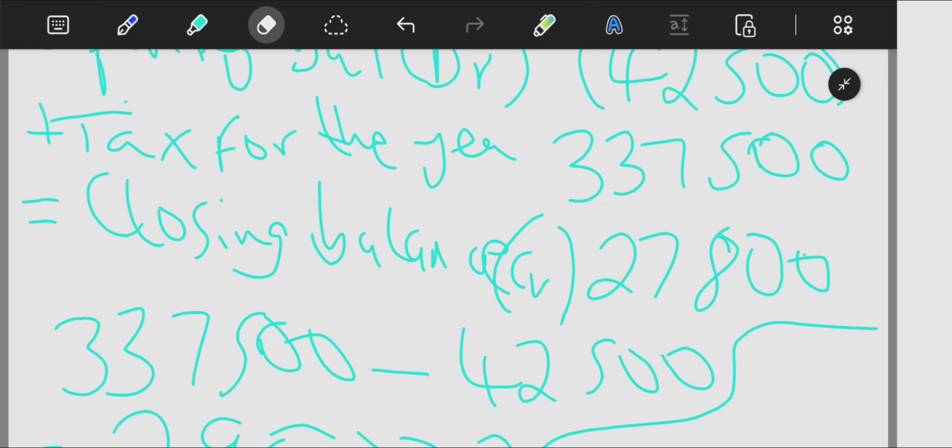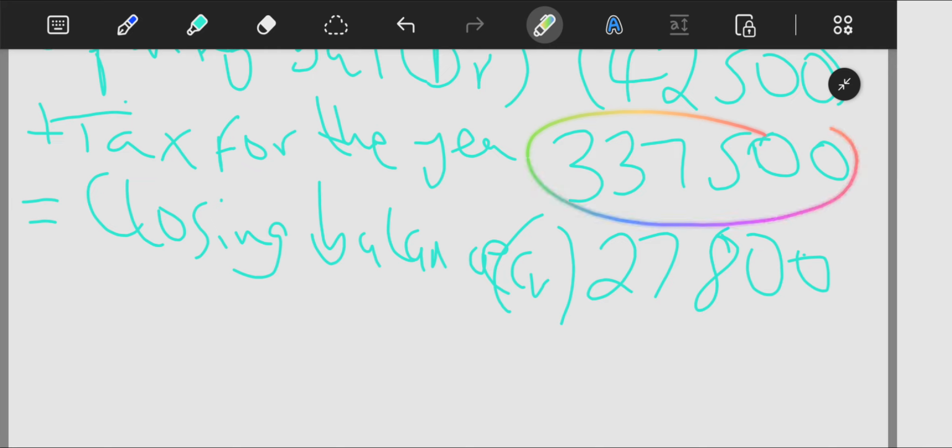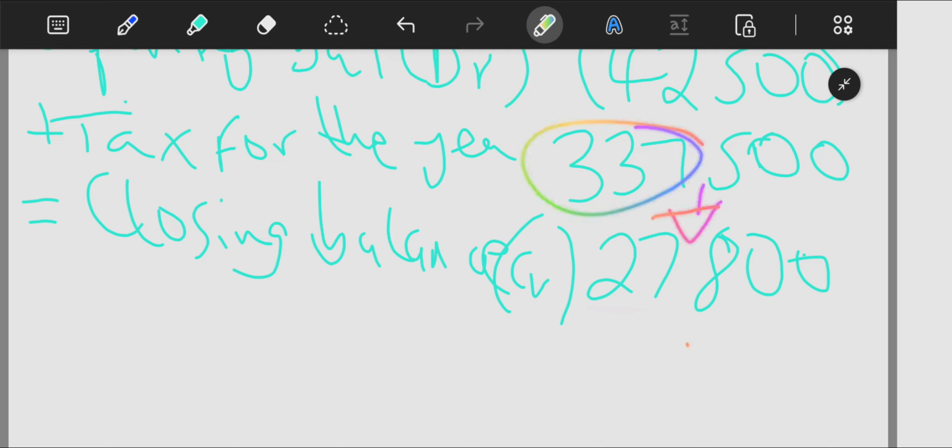Now, when we want to see how much we paid, we are going to say, this is our liability. And if this is our liability, at the end of the year, we had this liability. So, if you can see, this is more than this. It means that these liabilities have been reduced to this liability.